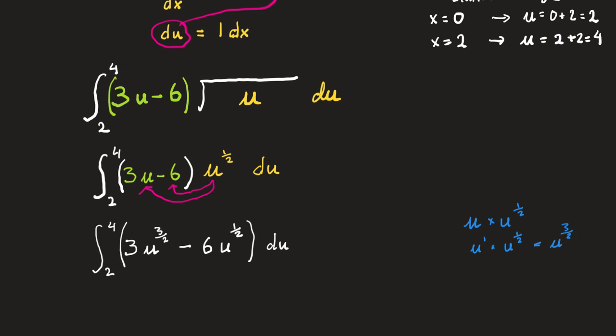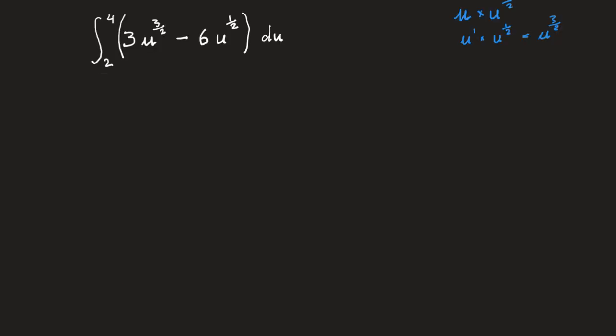So now we are going to integrate it, because we can integrate it now. Now that we're integrating, we do not need the integral sign, we just use a square bracket. So we have 3u, we raise the power to 5 on 2, and we now divide it by 5 on 2.